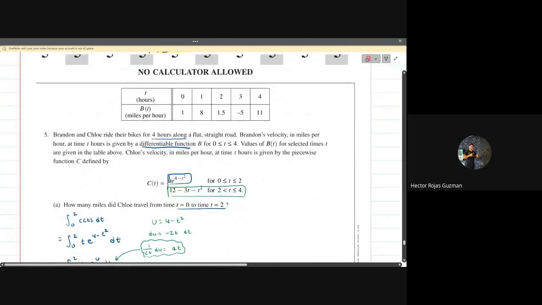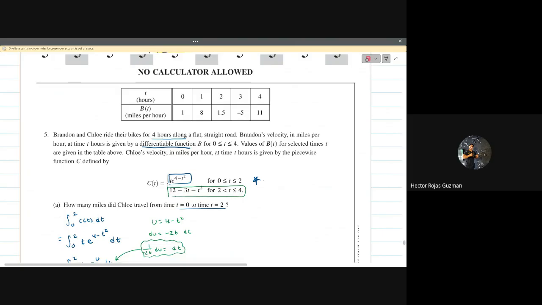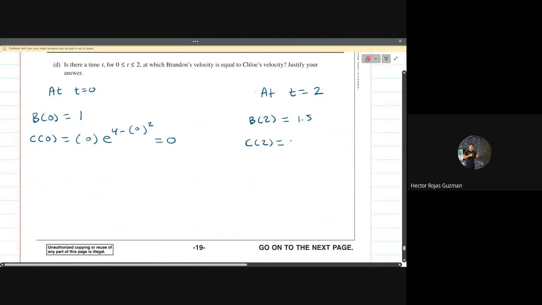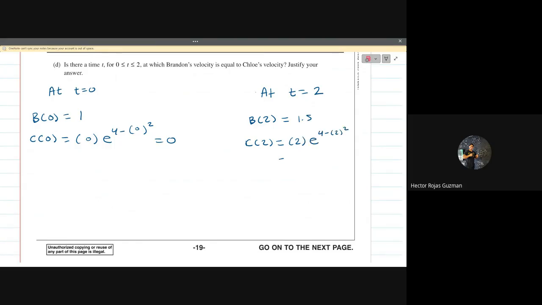I'm still using the same equation, I'm still using the top piece. So let's calculate that. It's going to be t times e to the power of 4 minus t squared. Chloe's velocity is 2. Now we have everything we need.